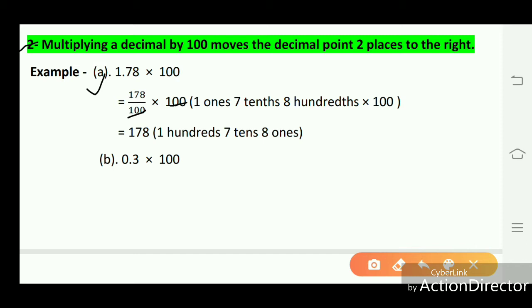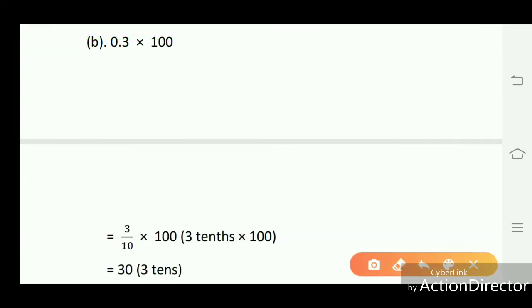Because we observe here, when we multiply any decimal number by 100, the decimal point shifts to the right-hand side of the number. Now example B: 0.3 multiplied by 100. Here we write 0.3 in fraction form as 3 upon 10, because 3 is in the tenths place.